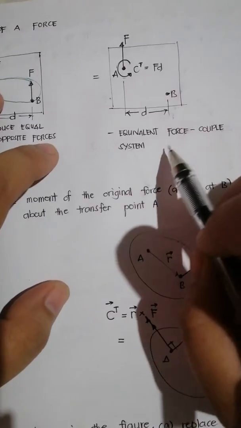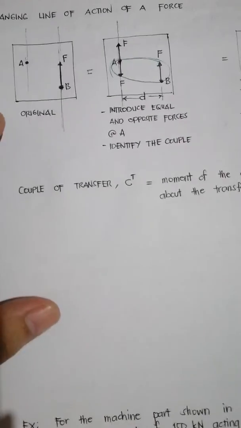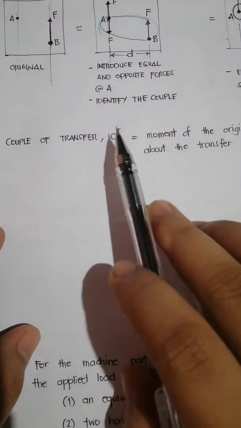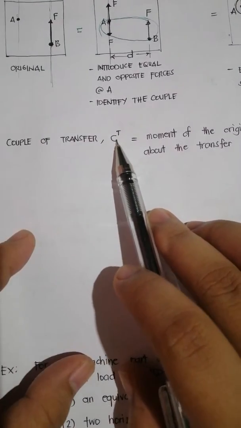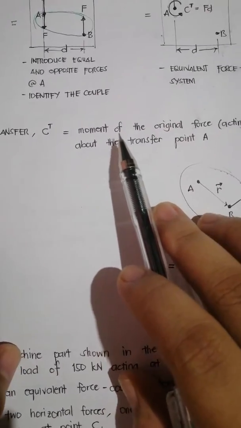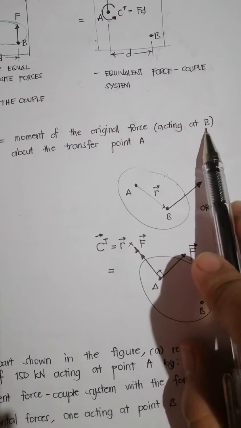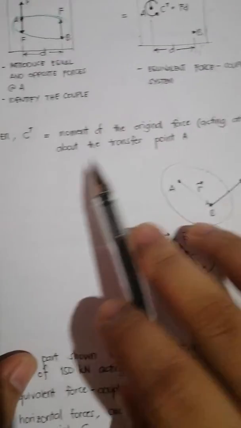So this is its equivalent force couple system. Therefore, we have what you call a couple of transfer, CT.